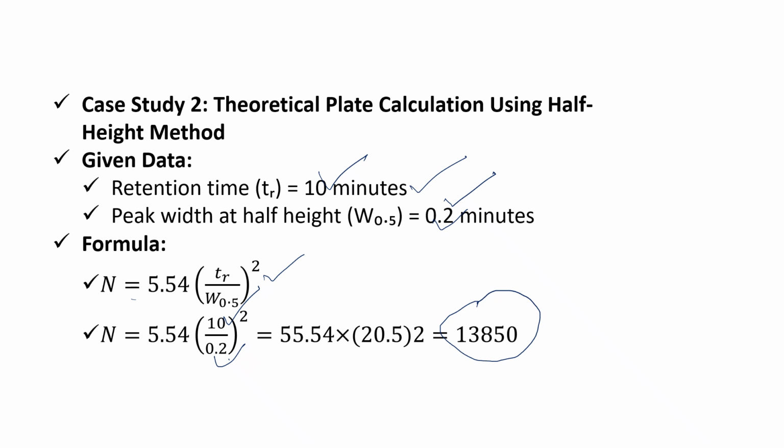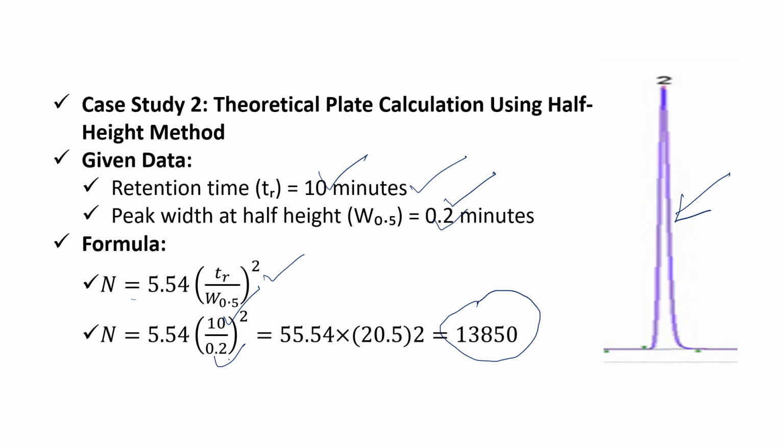It means the shape of the peak will be like that. Peak will be sharp. Now the question comes, in which case formula 2 will be used and in which case formula 1 will be used.